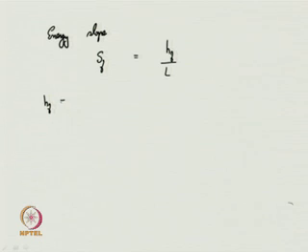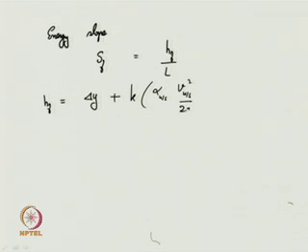This HF now includes your drop in water surface plus a factor small k into alpha us v us squared by 2g minus alpha ds v ds squared by 2g.